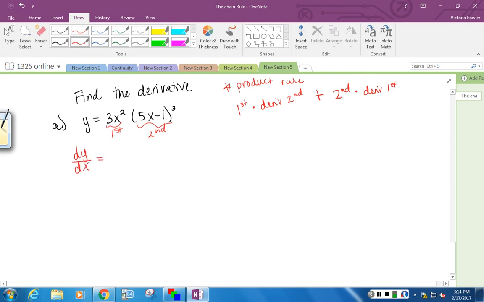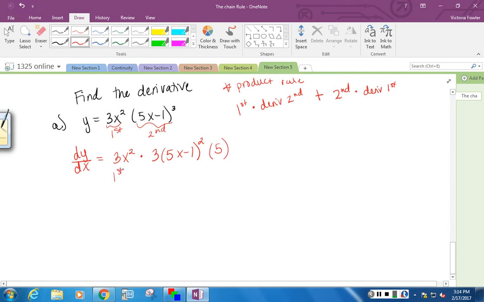And I go, all right, product rule says take the first, so I rewrite that first function, 3x squared, times the derivative of the second. Derivative of the second. Well, I'm going to have to use chain rule. So I'm going to take this 3, move it to the front of 5x minus 1, reduce that power by 1, so now I've got that quantity squared, and then I multiply by the derivative of the inside function. So I'm going to multiply it by 5.